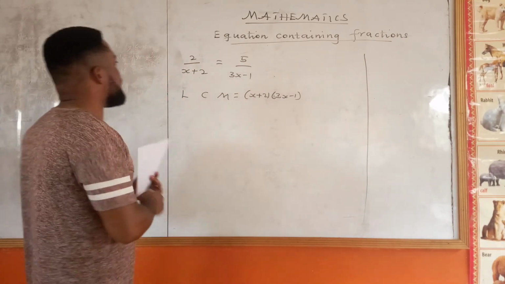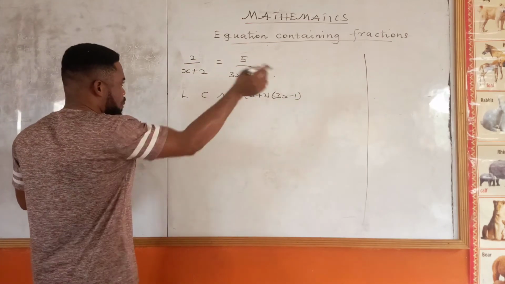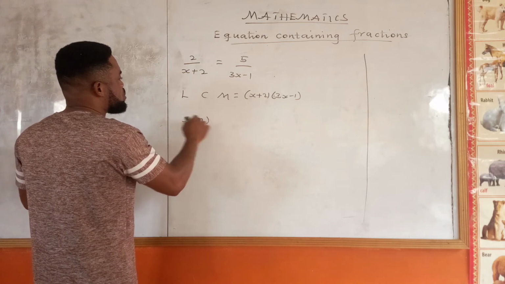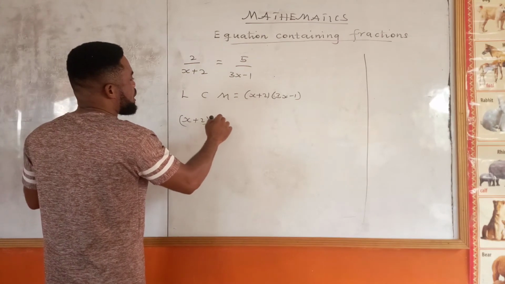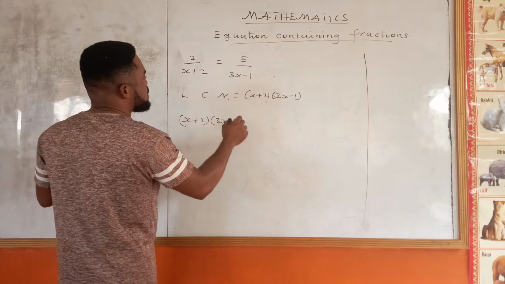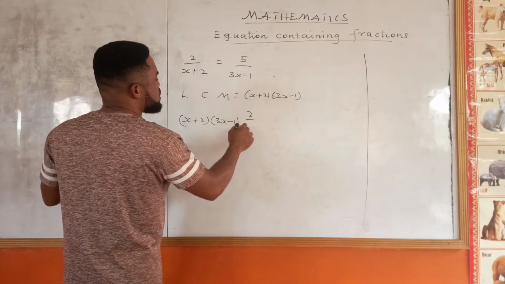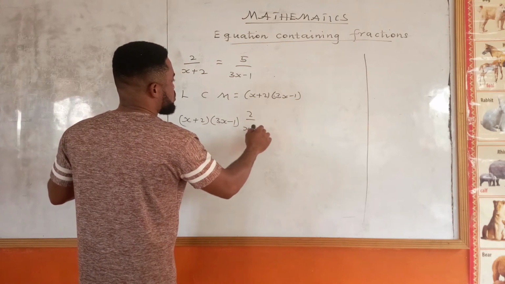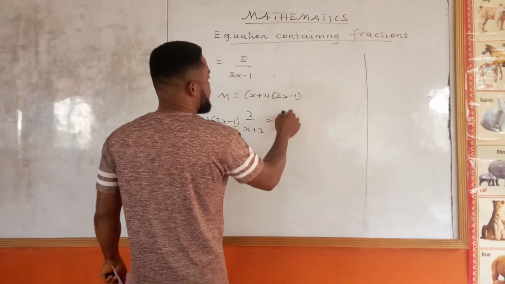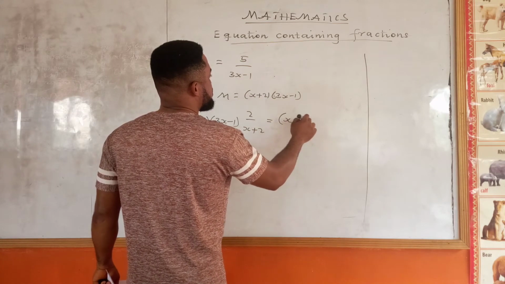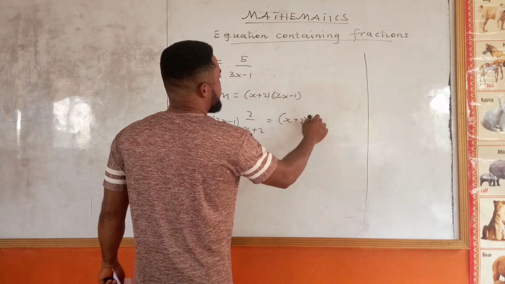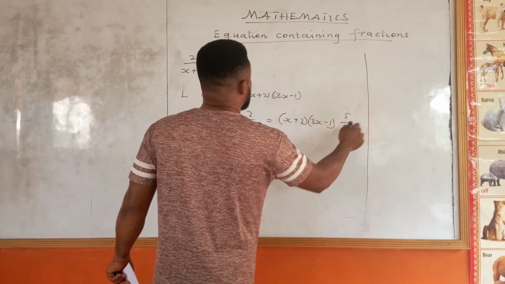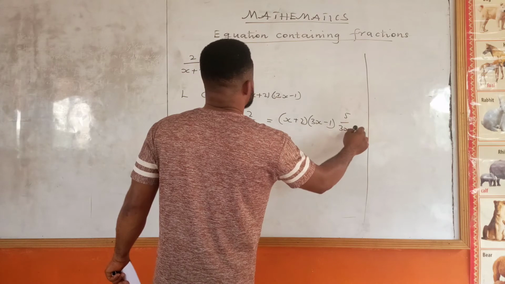Good. So here we are going to have x plus 2, 3x minus 1, times 2 over x plus 2, equal to the same thing, x plus 2 in brackets, 3x minus 1, times 5 over 3x minus 1.